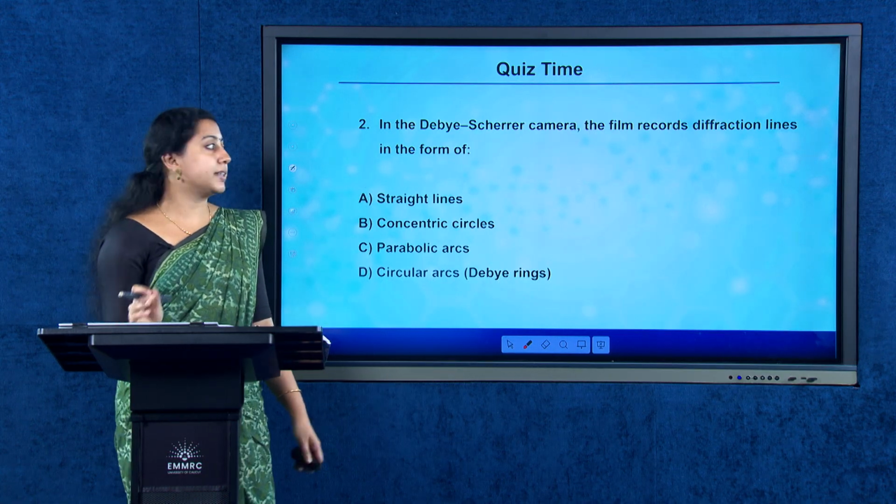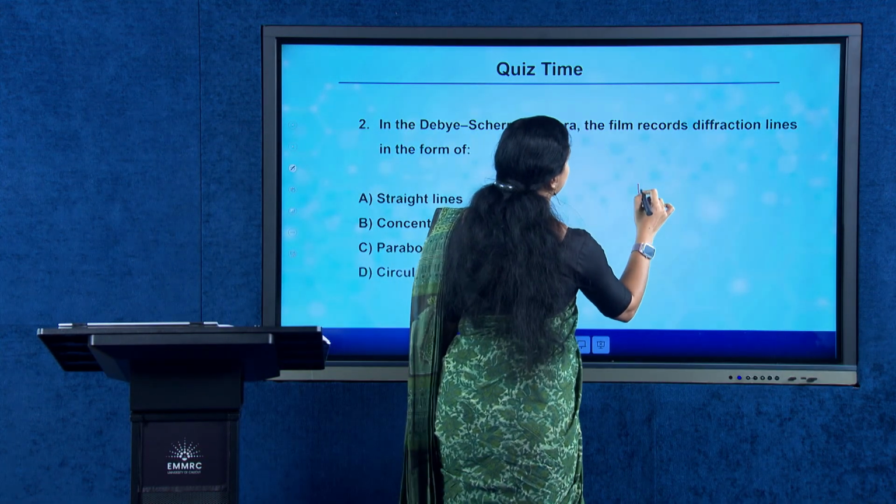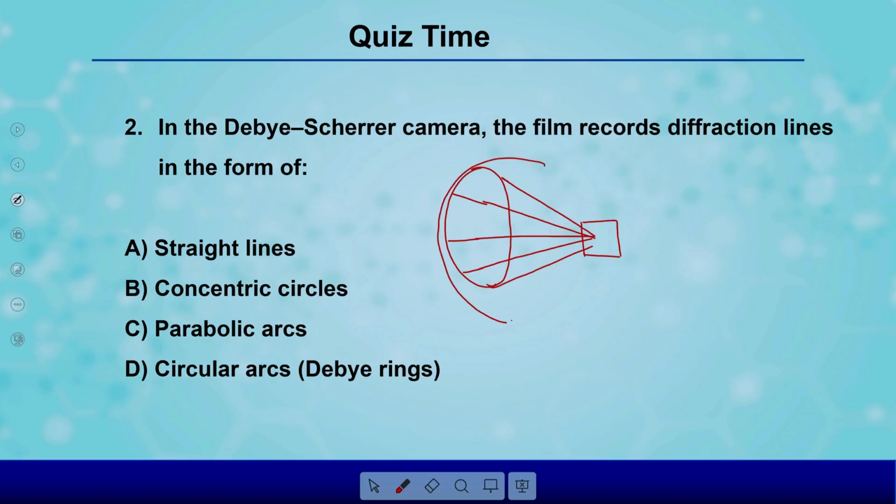We have seen that in this method, the X-rays getting diffracted from the powdered sample produce a cone like appearance, that is the reflected X-rays produce a cone like appearance known as the Debye-Scherrer cone on the photographic film or the detector around the sample.